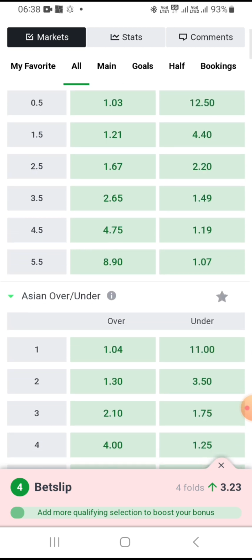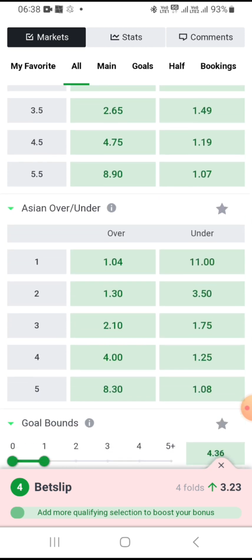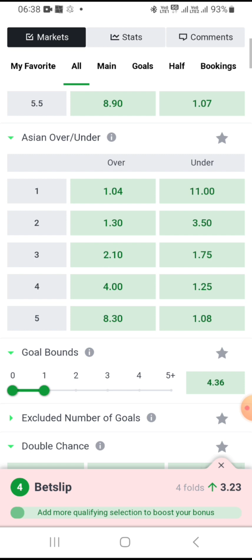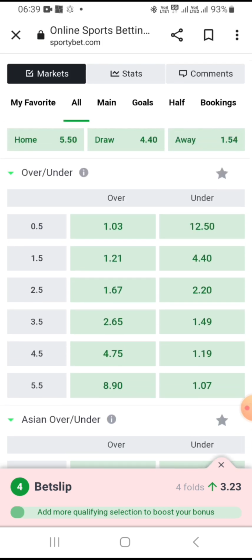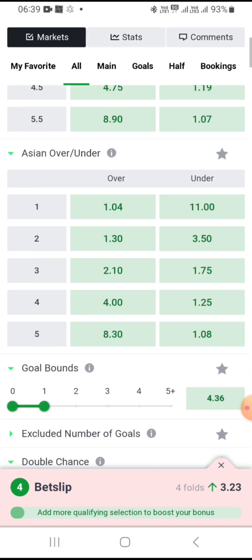So this is for people that are new to playing games and don't know their right from left. That Asian is just the same as this over and under. Asian is all about, I think it started from Indonesia. It's a system that Indonesians used in playing their games, and I think it originated before the normal over and under.